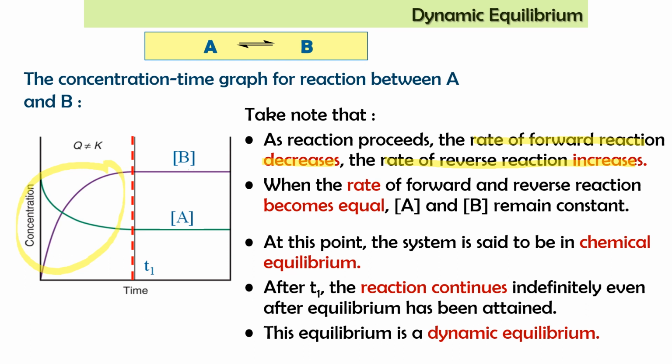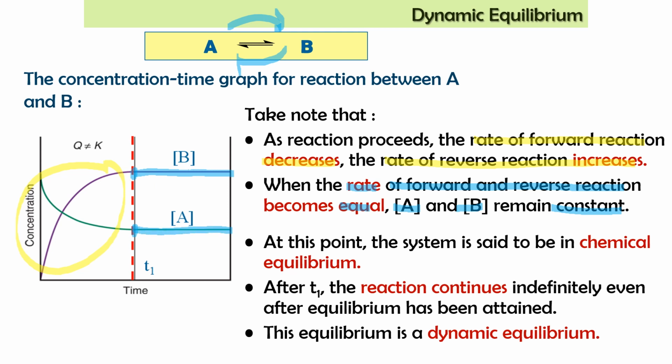But when the rates are equal to one another, when the rate of forward and reverse is equal, the concentration of A and B will become constant. So at this point, the rate of reaction for both forward and reverse reactions is the same, therefore your concentration becomes constant.